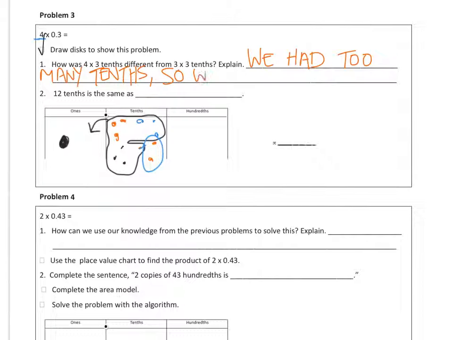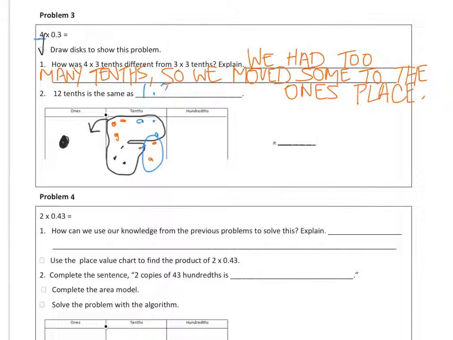So we moved some to the ones place. So 4 times 3/10, like we found out, is 12 tenths, which is really the same as 1 and 2 tenths. All right, let's check it out.